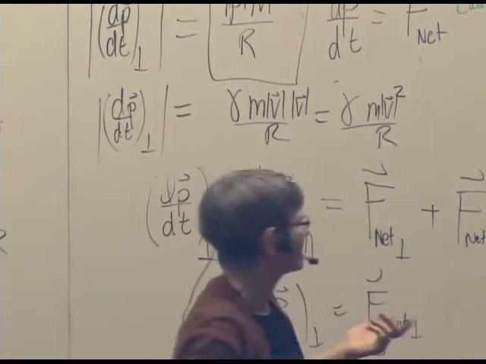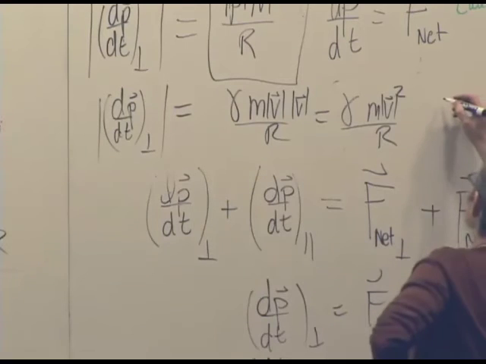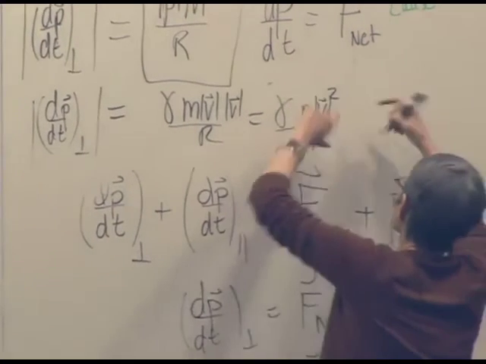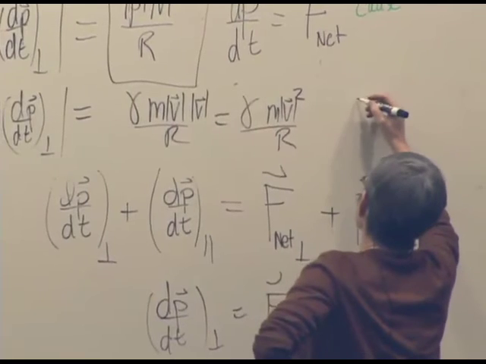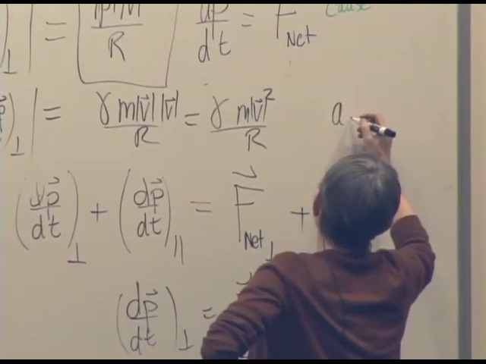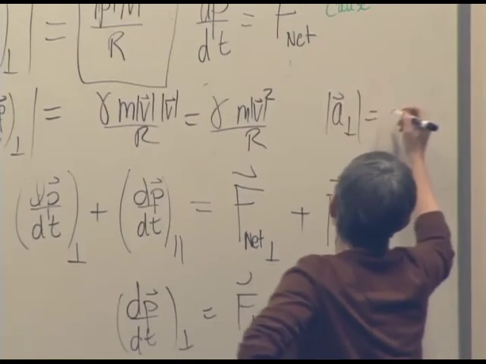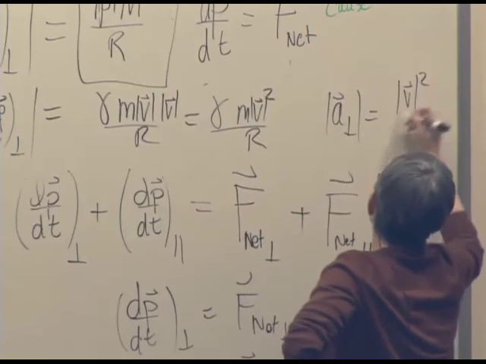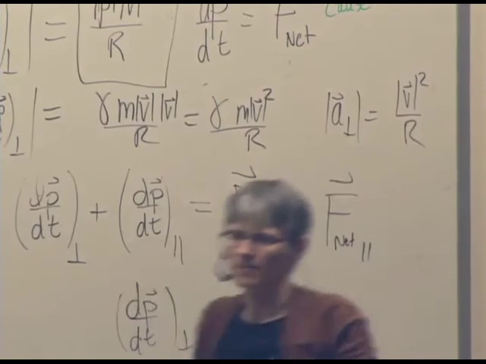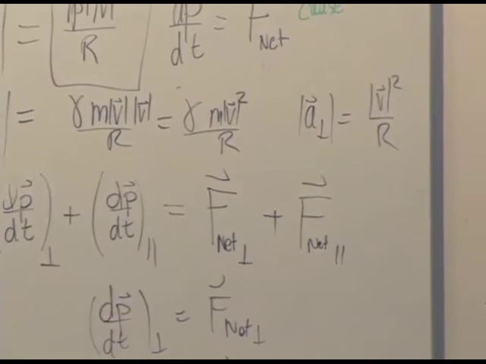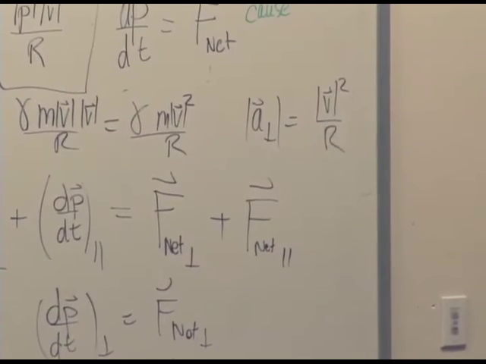So what's v squared over r? Well, that's the acceleration. Perpendicular acceleration is v squared over r, which is something you may have seen if you've studied physics before.